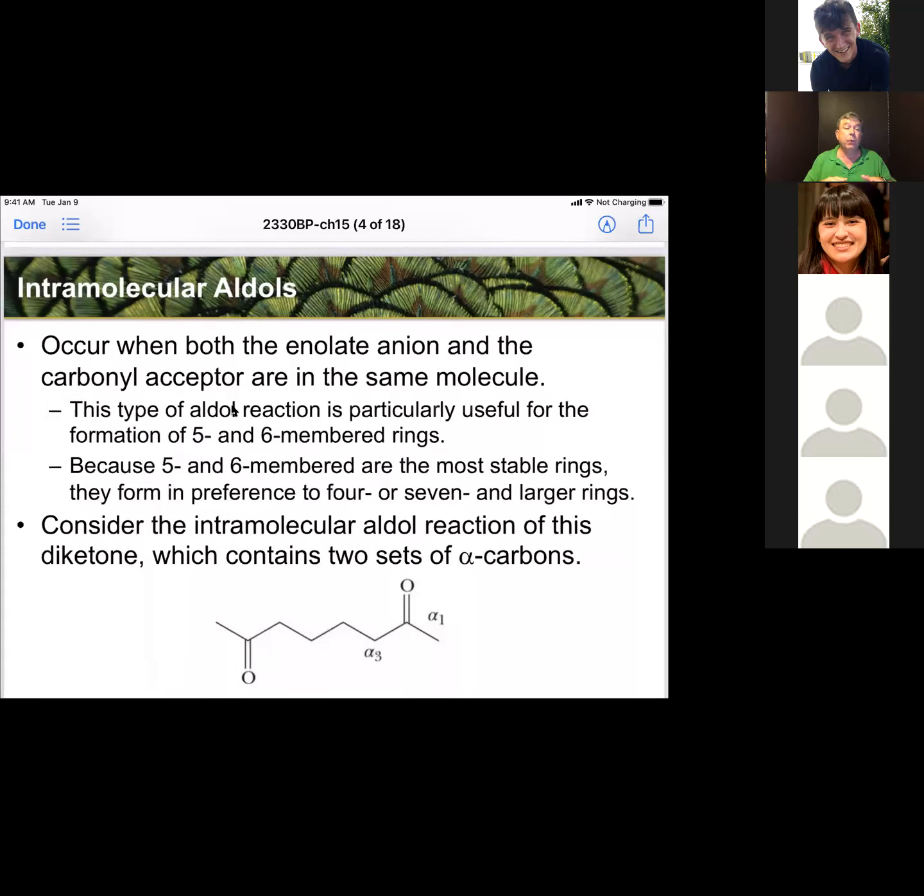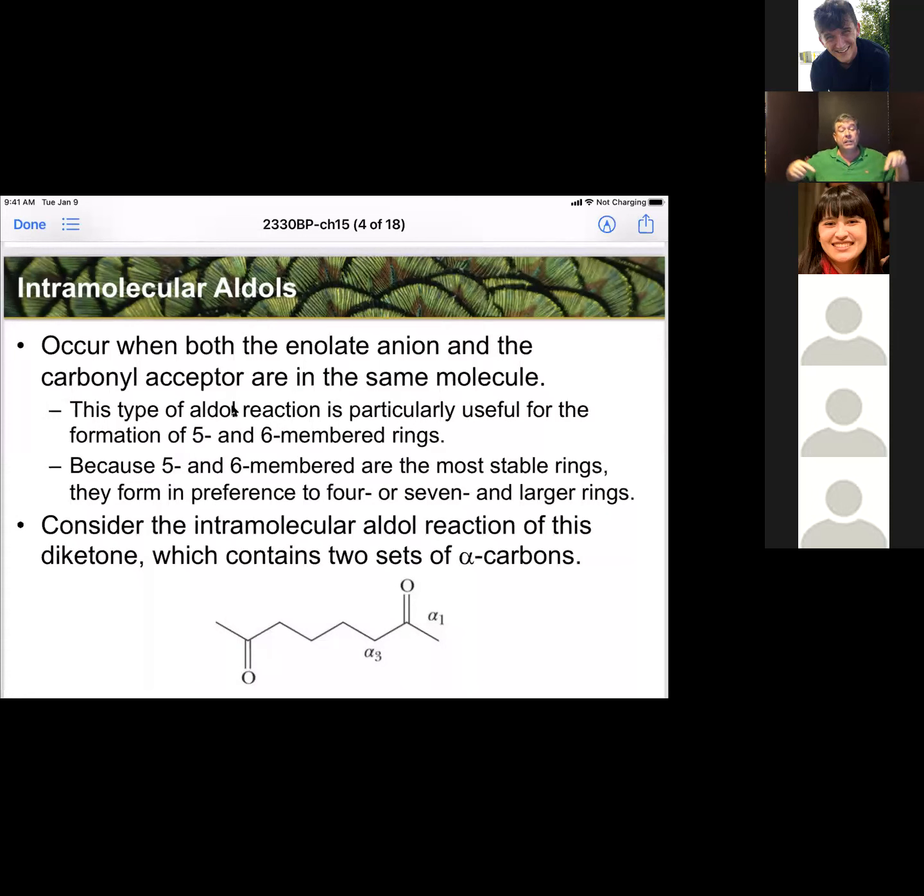It's harder to do 4, 7, or smaller than 5 or larger than 6. So that means you have to pick which alpha hydrogen is going to be the one that forms the most stable product. Okay, and so these are called intramolecular aldols.